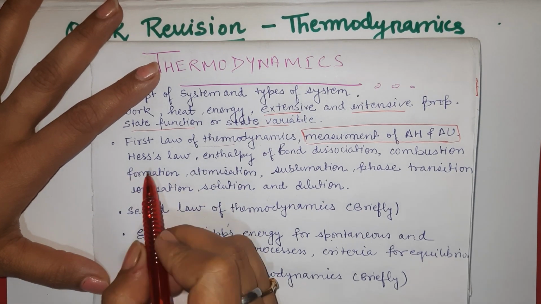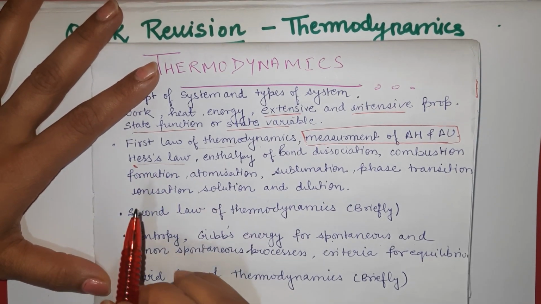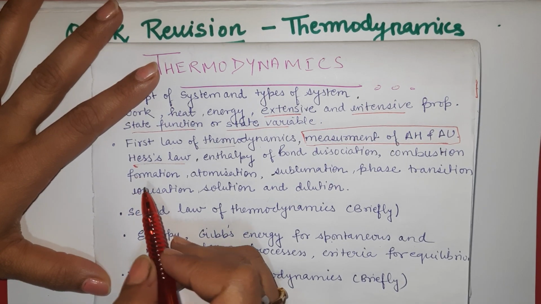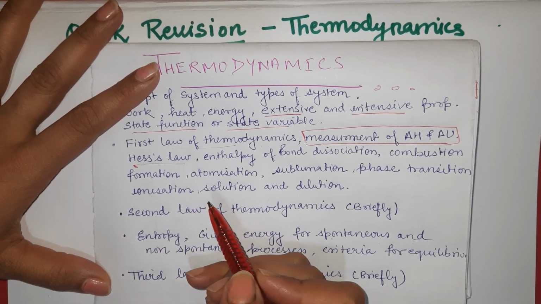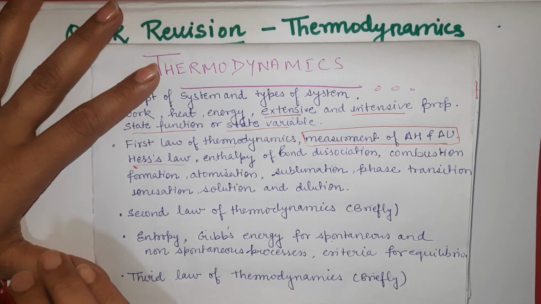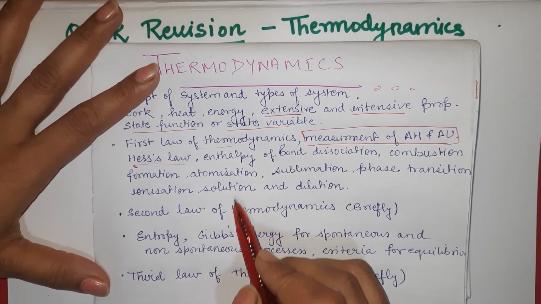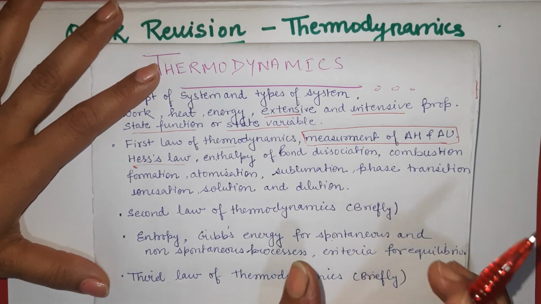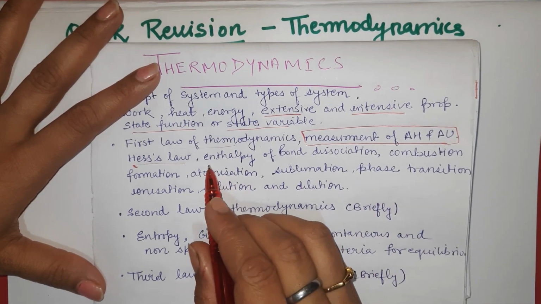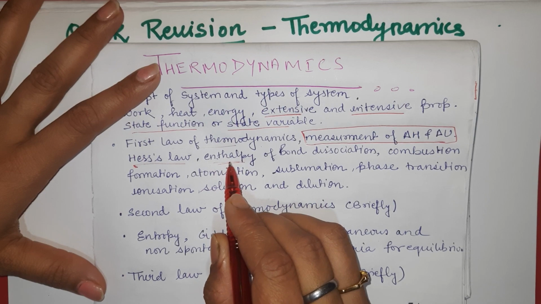The next question is also a very straightforward question: state Hess's law with example. This is also discussed and mentioned in your NCERT very well. Now there are many small topics in which we calculate the enthalpy of a particular reaction.